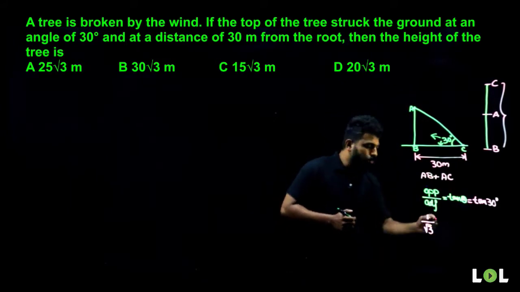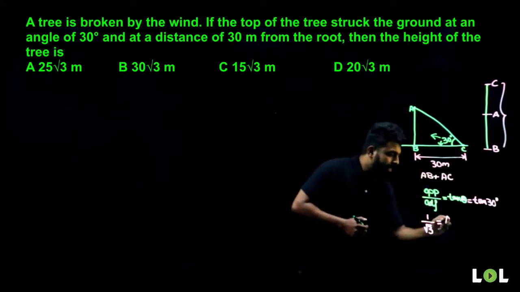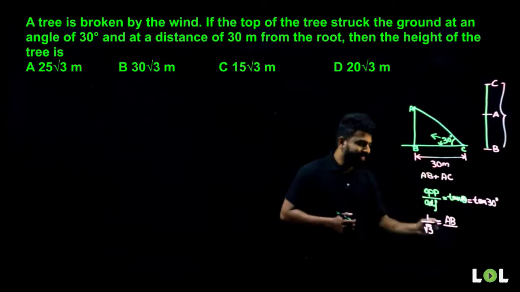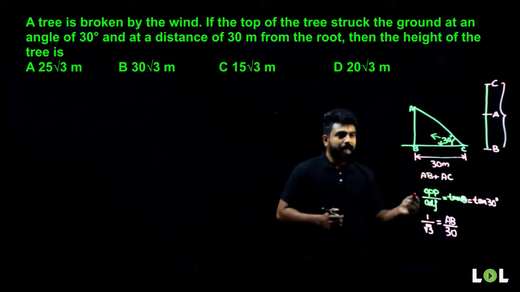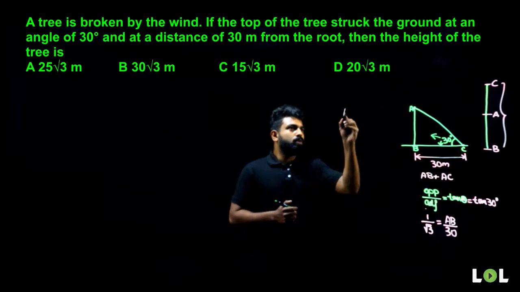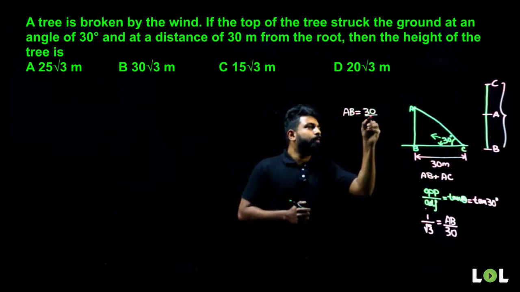So 1 by root 3 equals opposite, which we don't know, so I'll take it as AB, divided by adjacent, which is 30. So what will be the value of AB? AB will be equal to 30 by root 3.